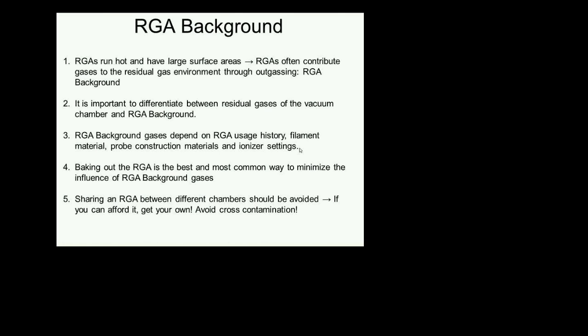So, in agreement with the question you asked earlier, I did everything I could, but I'm still outgassing. Baking out the RGA is indeed the best and most common way to minimize the influence of RGA background gases, but at a pressure like yours, 5e-11 torr, I don't care how much you bake it out, you will always see something coming out of the RGA when you turn it on.